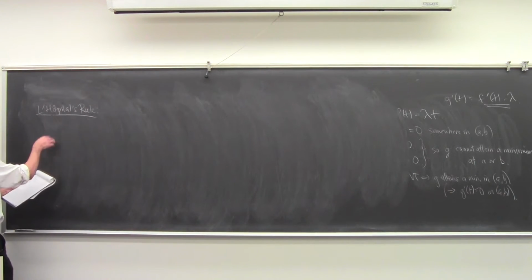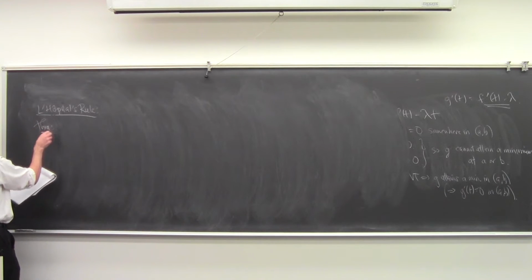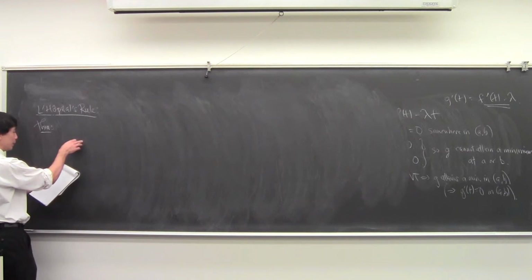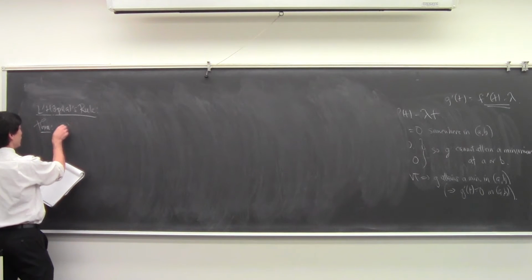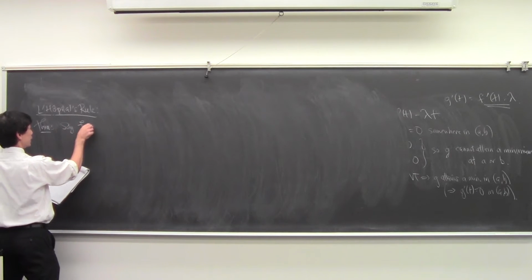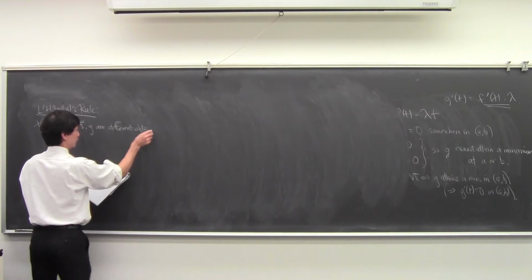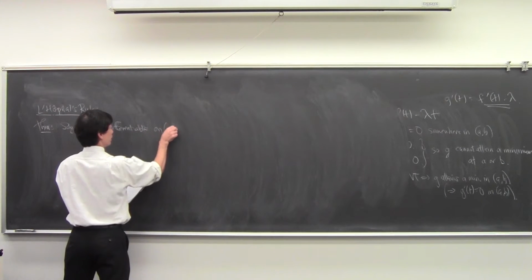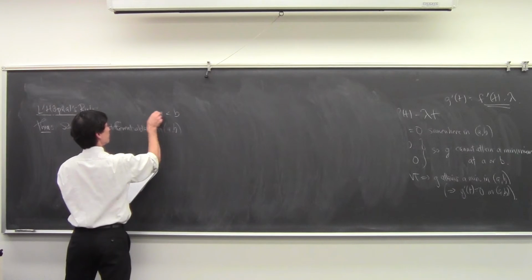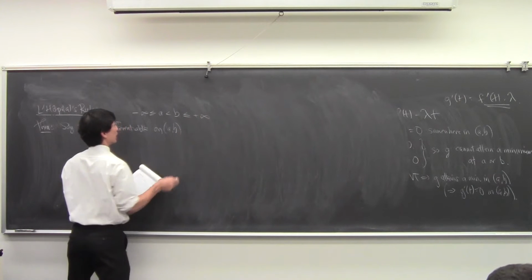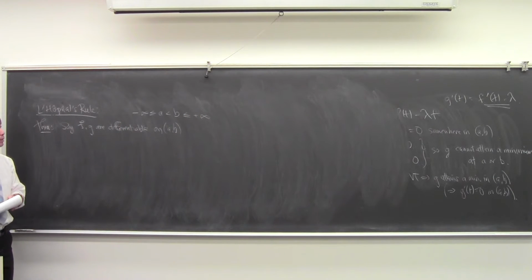Okay, so you all know l'Hôpital's rule. You might not have seen the proof of it, but you're all, I think, familiar with it. So say f and g are differentiable on some interval a, b, and a is less than b, and a could be negative infinity and b could be positive infinity.